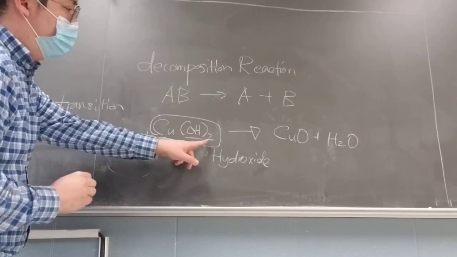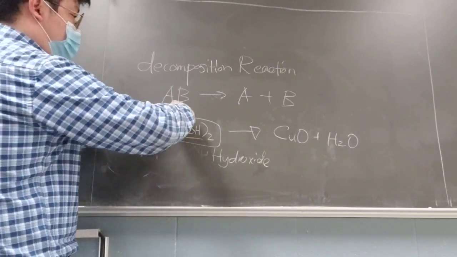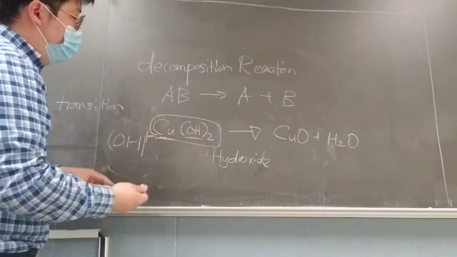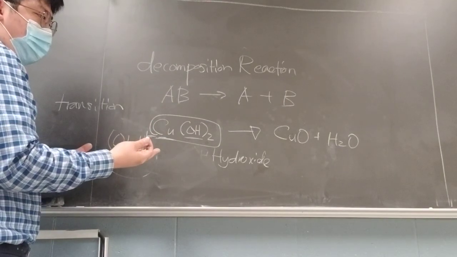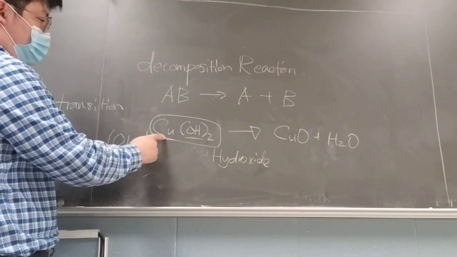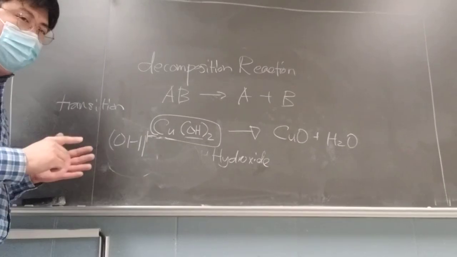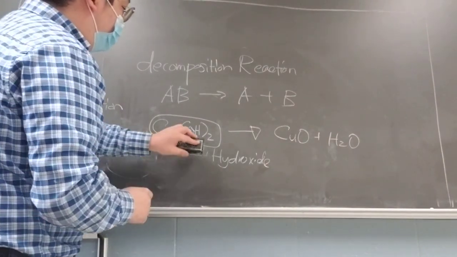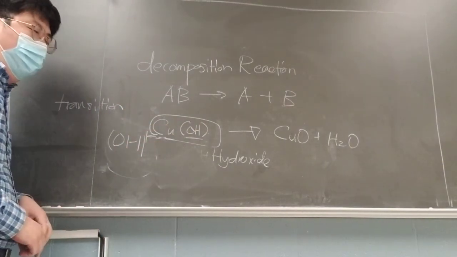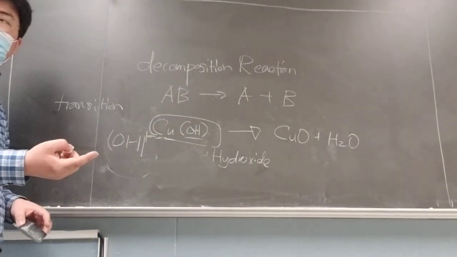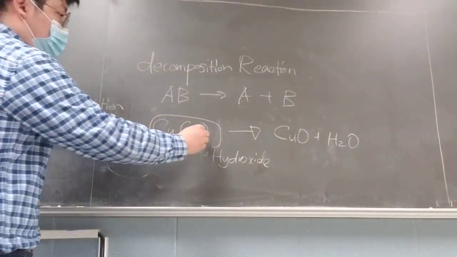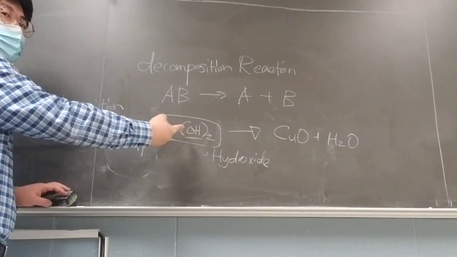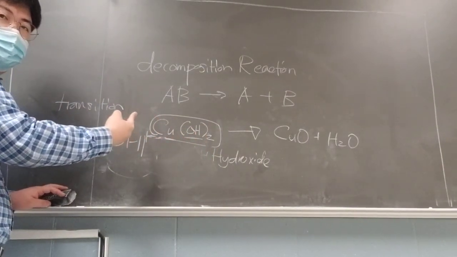But there's a 2, right? So that makes one neutral ionic compound, meaning by looking at the chemical formula, I know what charge should be on the copper. It's not 1 plus, it has to be 2 plus. If it was 1 plus, you would see only 1 hydroxide there, because hydroxide is -1. But there are 2 because it was interacting with copper 2 plus to make it neutral.